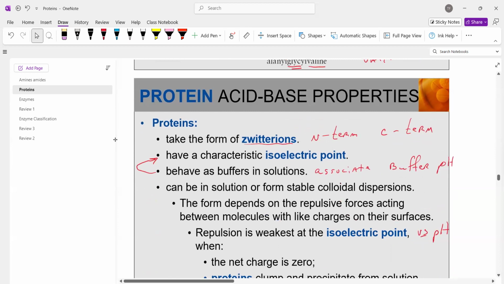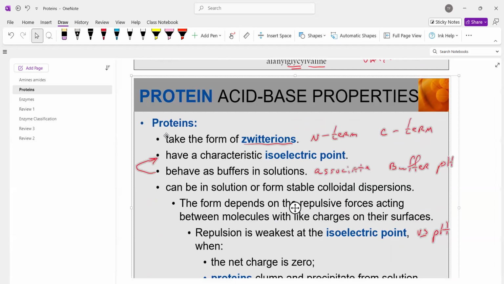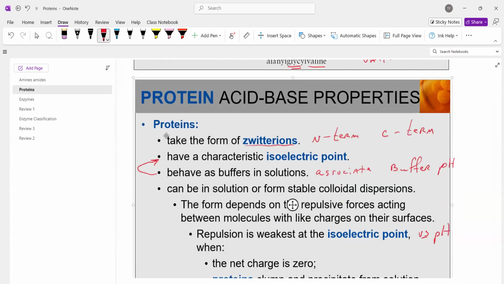Because proteins and polypeptides can form zwitterions, and they form those on the N-terminal and the C-terminal ends.